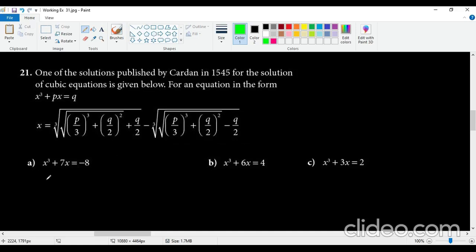If I write minus 1 here and cube it and plus 7 times minus 1, is it going to give us a negative 8? Let's see. 7 times minus 1: this is giving us minus 1, and this is giving us minus 7. So this is giving us a negative 8, right? So substituting minus 1 in place of x, it is giving us the correct answer.